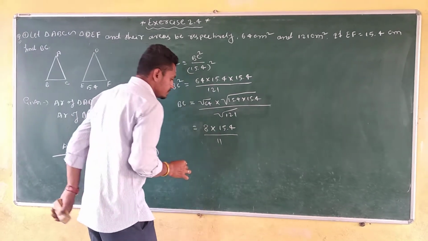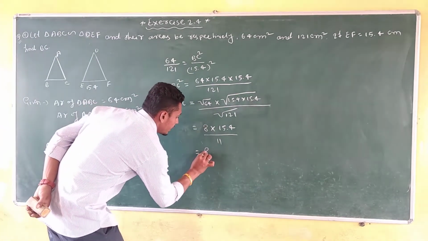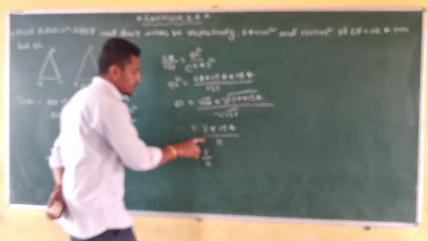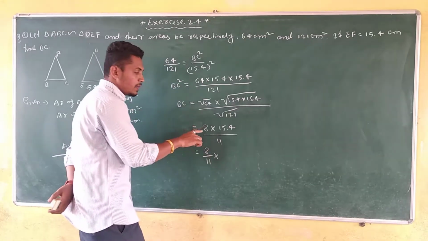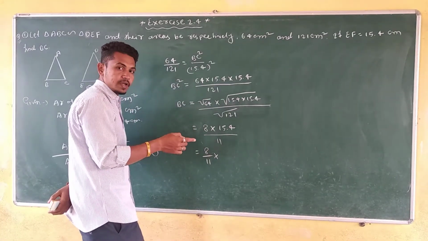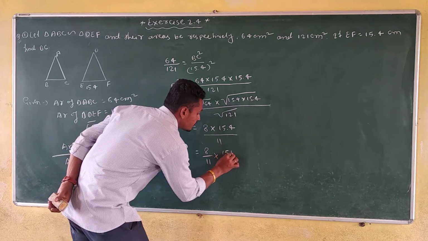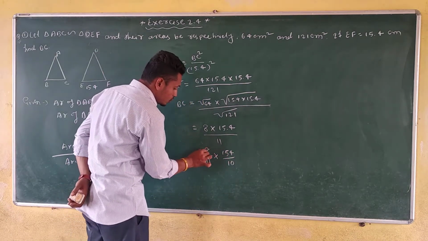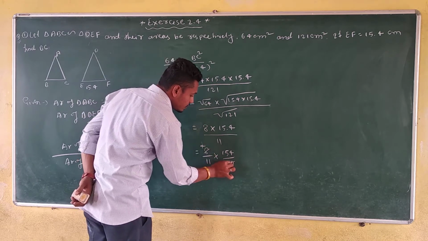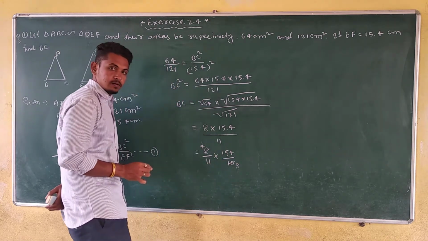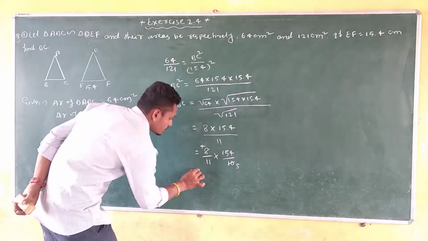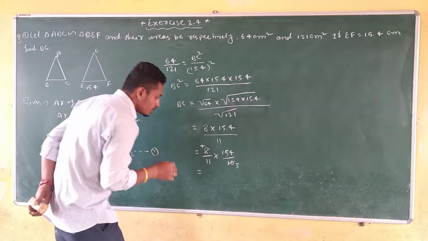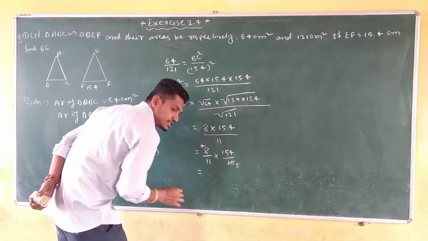Now see here, 8 divided by 11 into 15.4, which we can write as 154 divided by 10. Next, 2 4s are 8, 2 5s are 10. Now see here, 4 4s are 16.